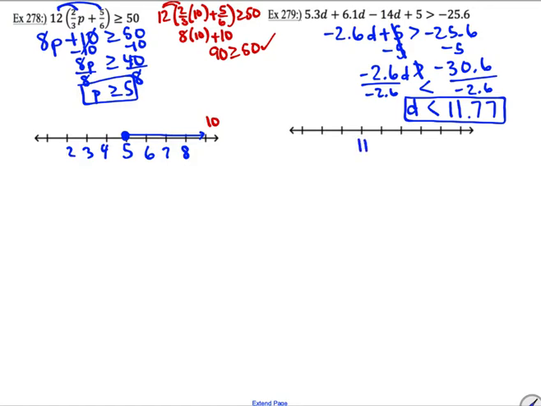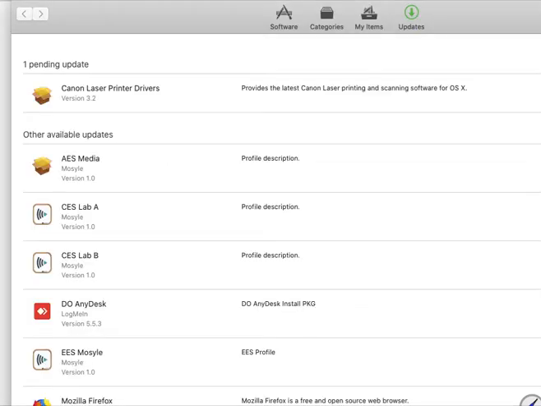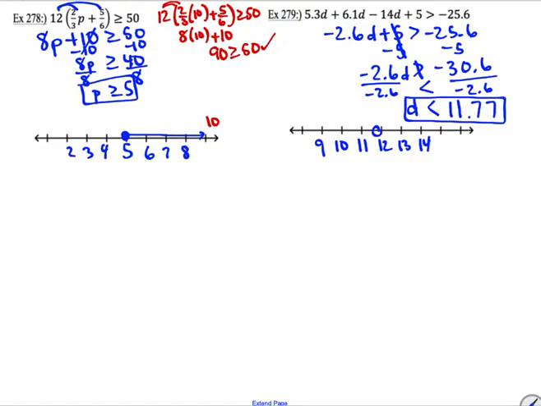Now that is between 11 and 12. So I've got my number line numbered. Between 11 and 12, but closer to 12, is the boundary. And d is less, so it goes in this direction, to the left.